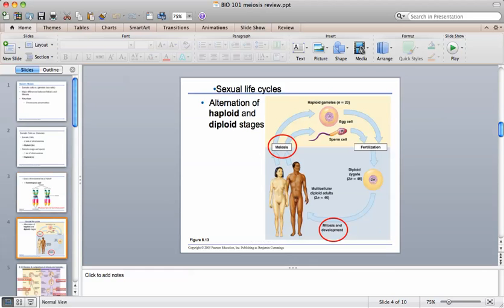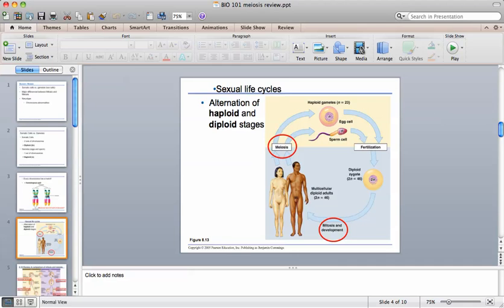Okay, so here we have a sexual life cycle shown in this diagram. In the process of meiosis, egg and sperm are produced: the egg by the female in her gonads, her ovaries, and sperm by the male in his gonads, the testes. They produce haploid cells, cells that have just half the number of chromosomes that your normal body cells would have.